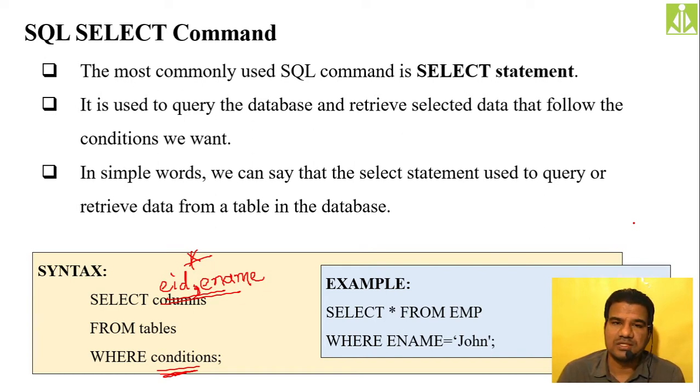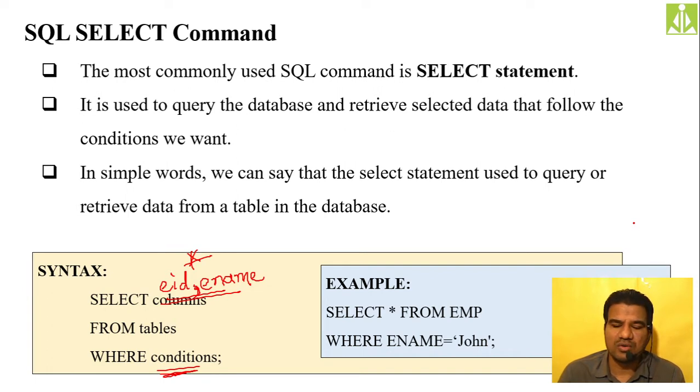So here if you see this example, because we have done many examples on this select query, select command in our previous sessions. So select star from emp where ename is equals to John. When you kept star over there, it will retrieve all the fields, all the columns from your relation, from your table, and it will filter and display only the rows which are having ename as John.